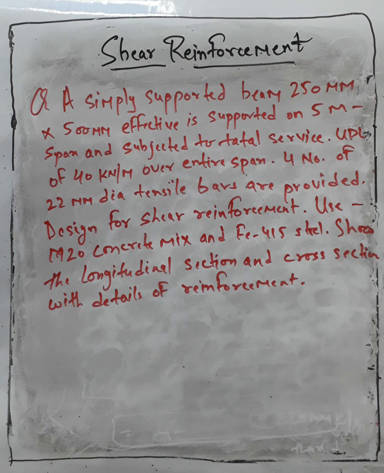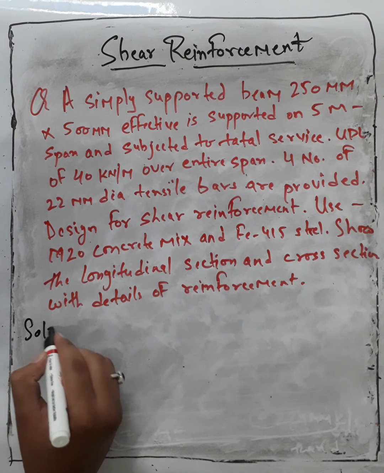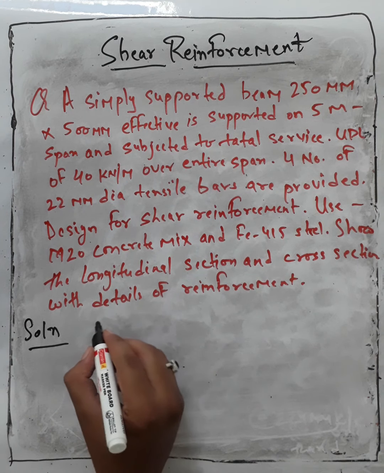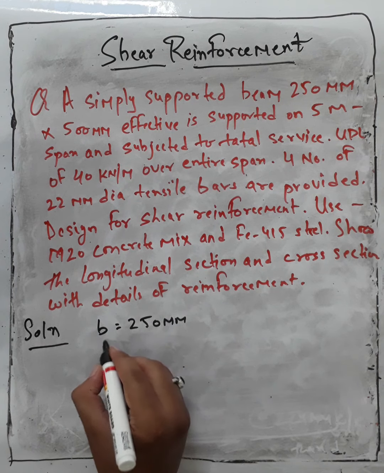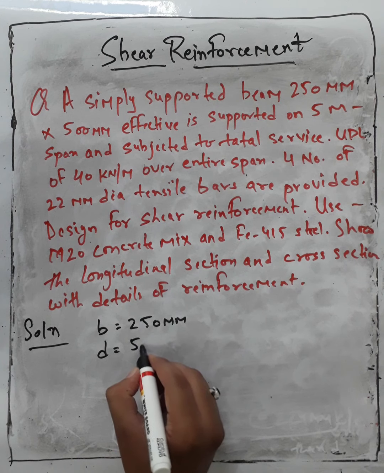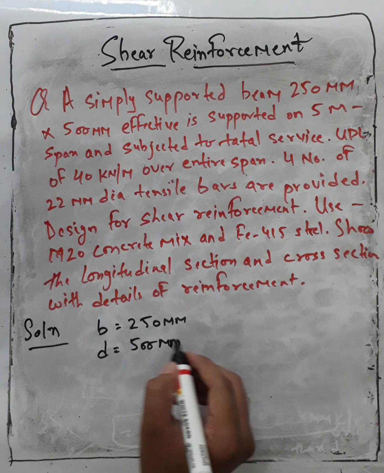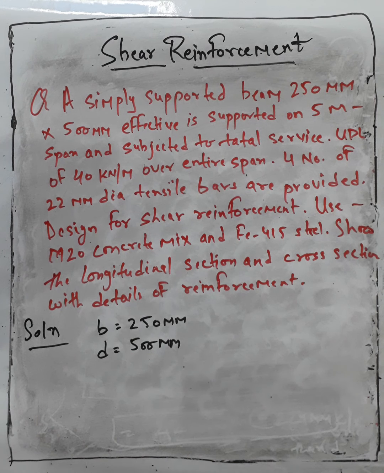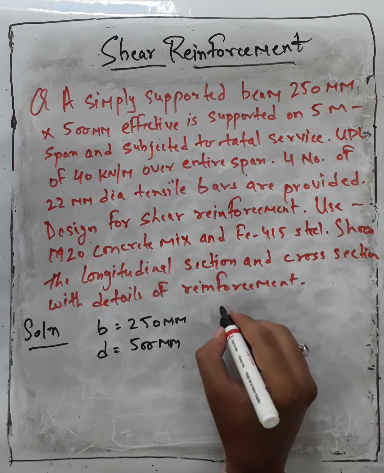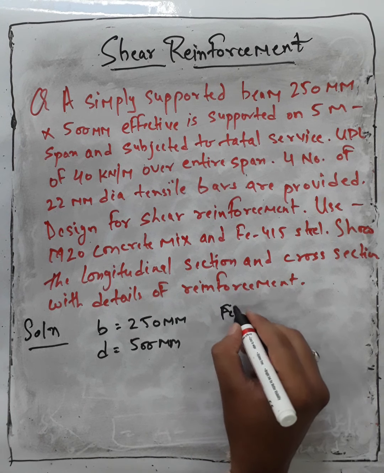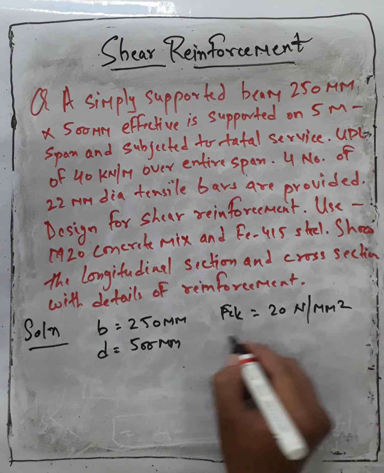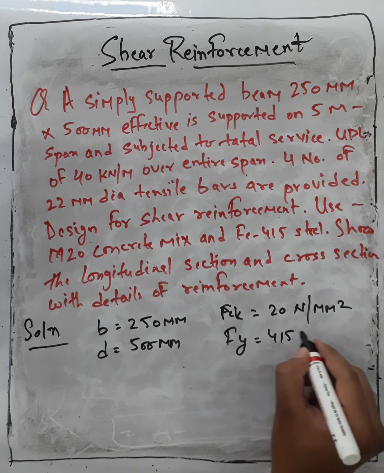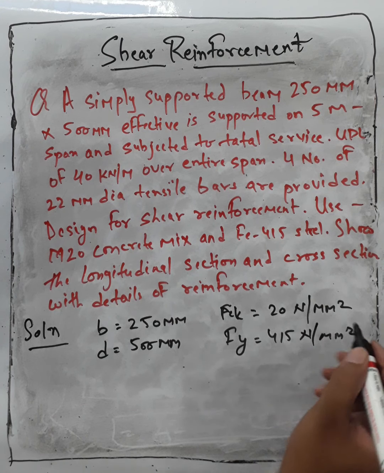So first we have to write the given values in our problem. B is equal to 250 mm and small d is equal to 500 mm. M20 means fck is equal to 20 Newton per mm square. fy is equal to 415 Newton per mm square.